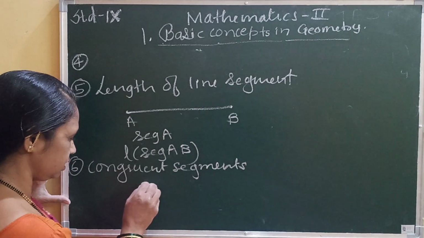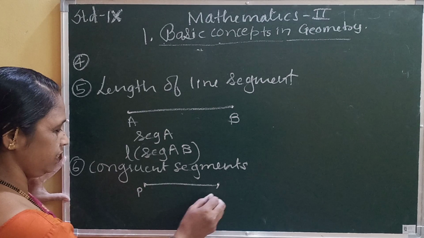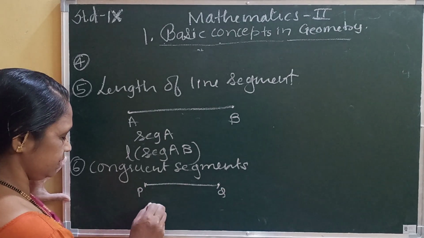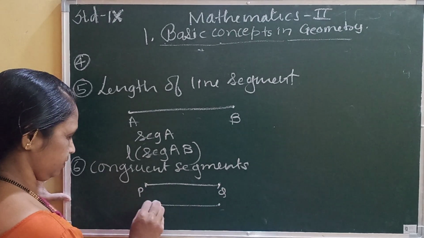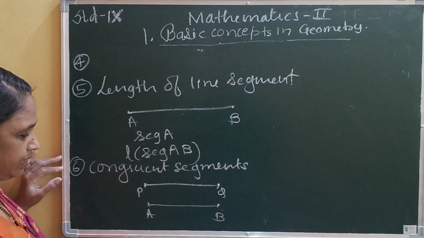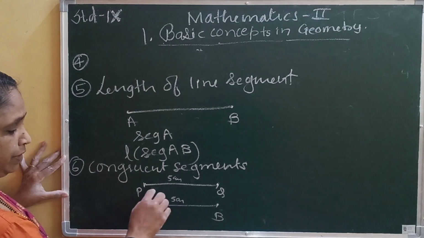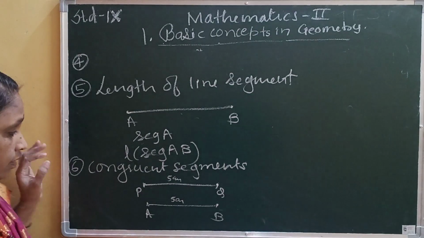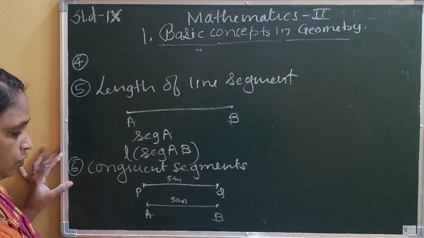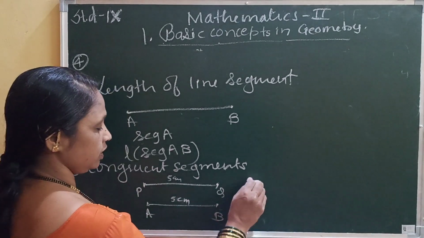Now suppose this is segment PQ and this is segment AB. Segment PQ is 5 cm and segment AB is also 5 cm. So how can we write it symbolically?